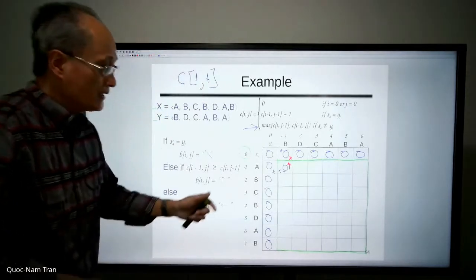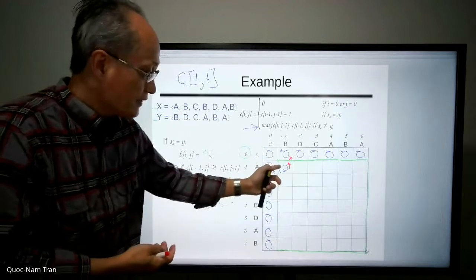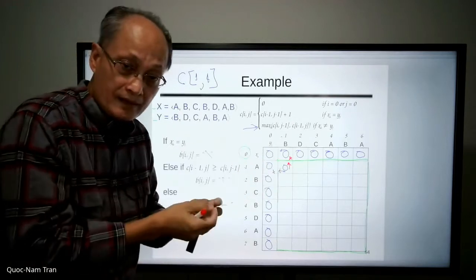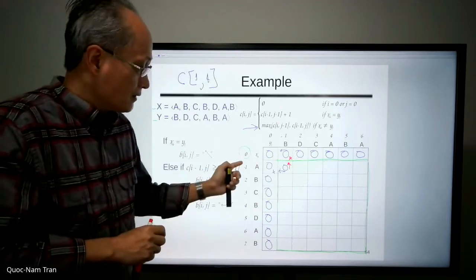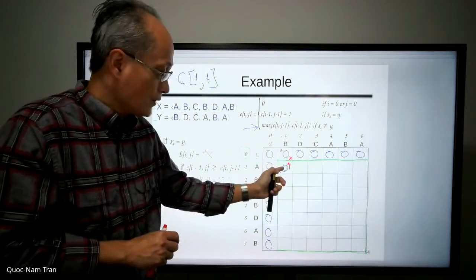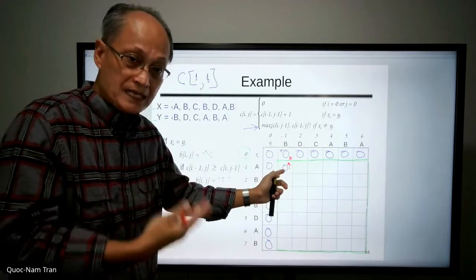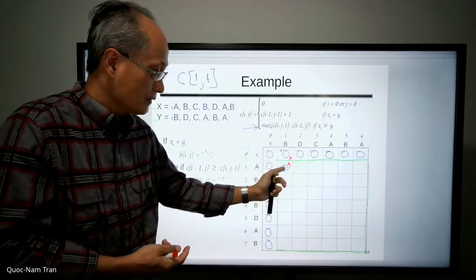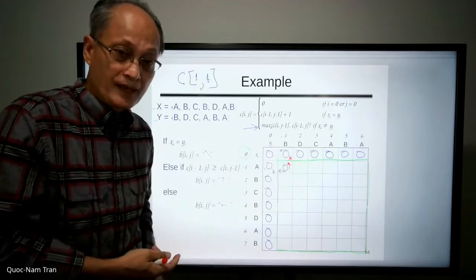So that said, in each cell here, besides writing the value, that is the length of the longest common subsequence of x1, y1, we also say that the value here we obtain by using the one on the left or the one above, right?